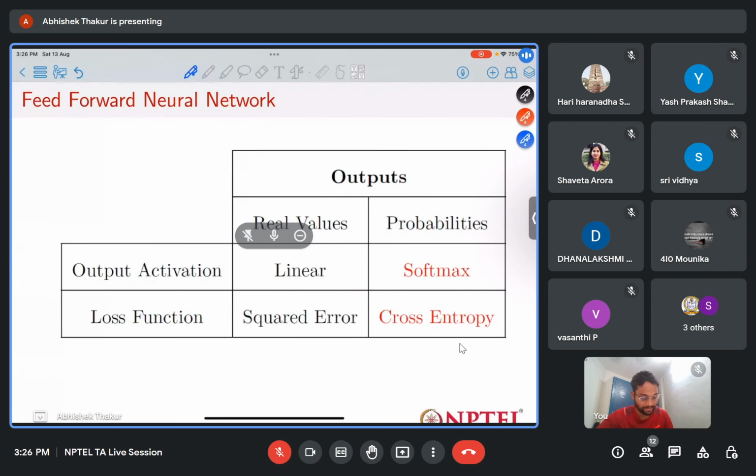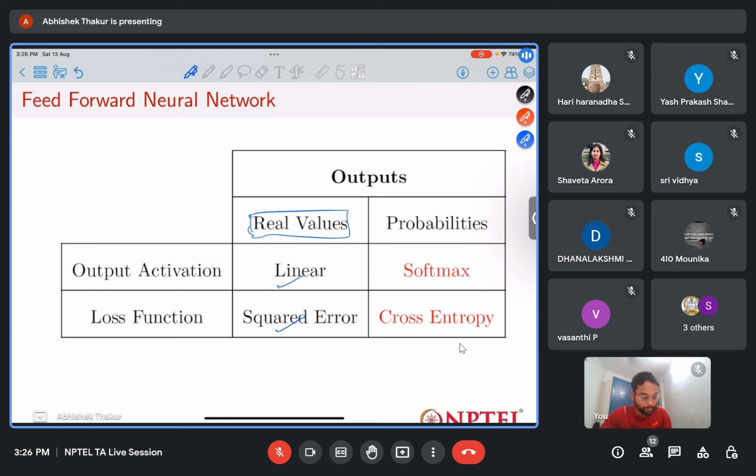And here you can see in this table also, if the output is real values, any real values, then the activation function will be linear and the loss function will be the squared error. That we have done in the MP neuron and the multilayer perceptron, MLP.